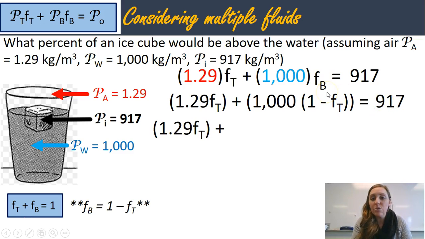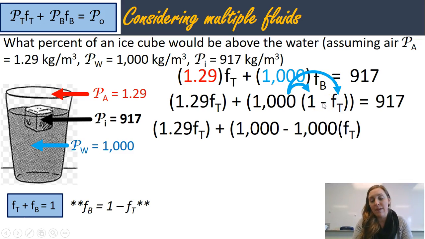All right, I'm going to need to keep this the same, but then distribute my 1,000 into both of these. So 1 times 1,000 is 1,000, and then 1,000 times negative ft, don't forget your negative sign, is negative 1,000 ft, equals 917.